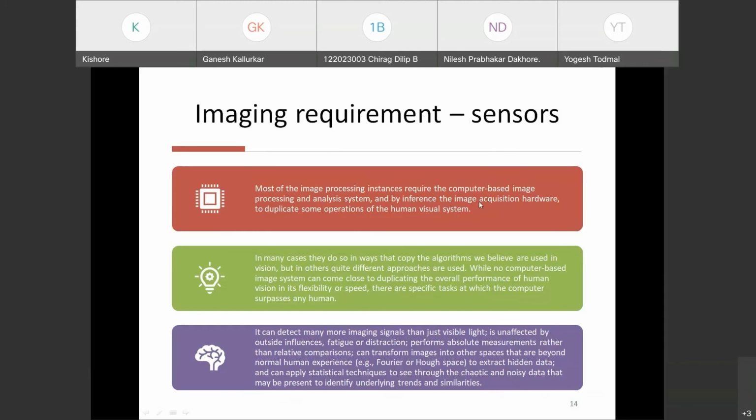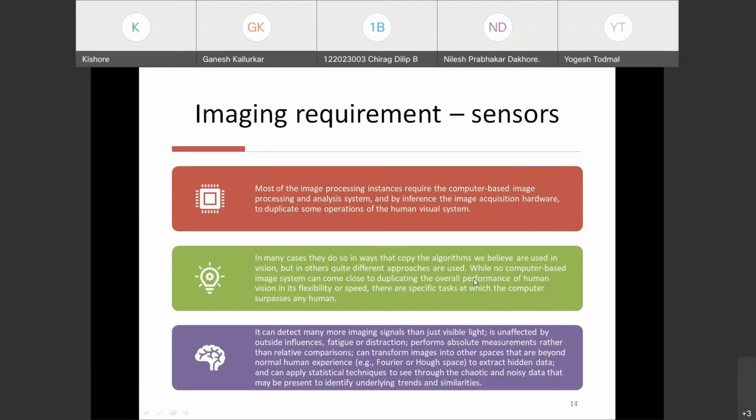Most image processing instances require a computer-based image processing and analysis system, and by inference, the image acquisition hardware duplicates some operations of the human visual system. In many cases, they do so in ways that copy the algorithms we believe are used in vision, but in others quite different approaches are used.